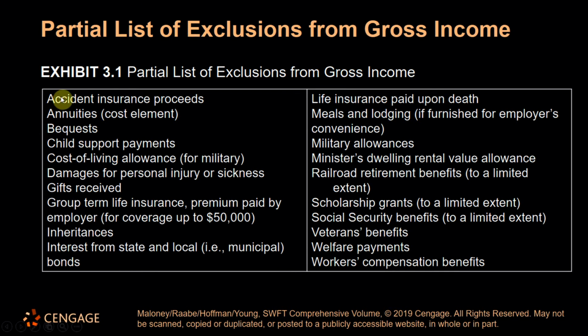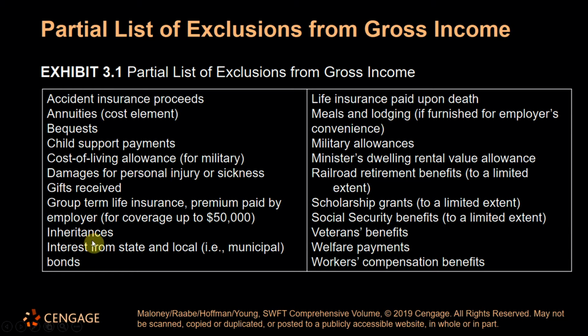All right, so one of the items I wanted to discuss briefly was this partial list of exclusions from gross income for 2018. A couple of things come up in recent years, or sometimes students have questions. Child support payments are not taxable to the recipient, nor are they tax deductible by the payer.